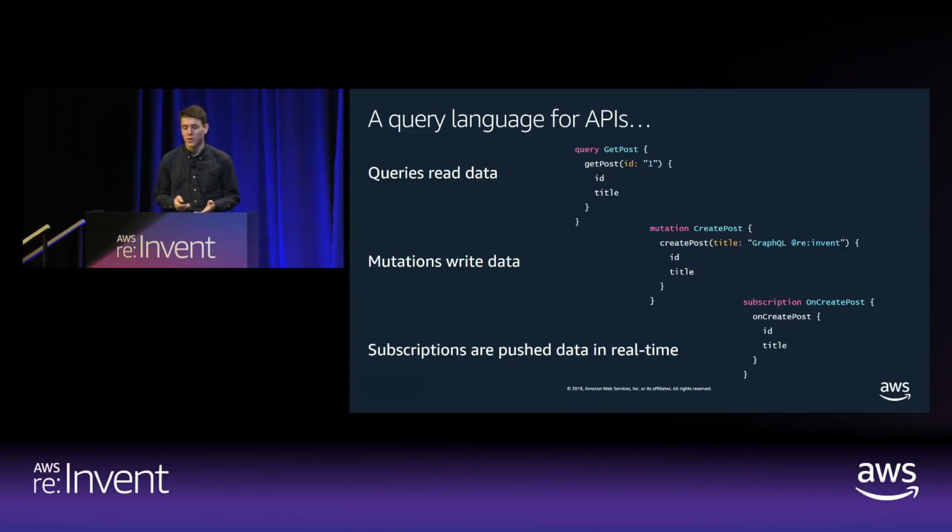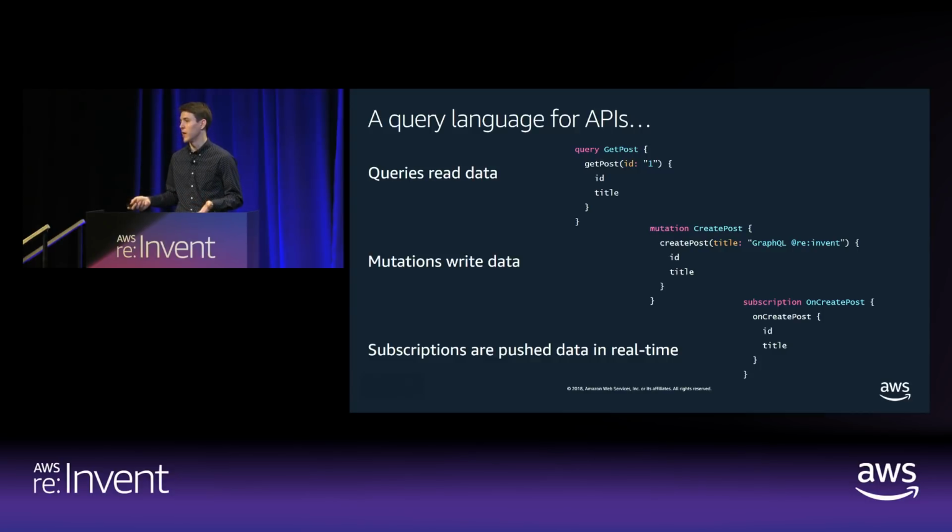So what does it mean for GraphQL to be a query language for APIs? It gives us a strongly typed language that we can use to interact with information on our server. This is different than a pattern that you might see in RESTful APIs, where you use resource URIs in order to denote what resources are in your API, and then you just use HTTP concepts in order to access those things.